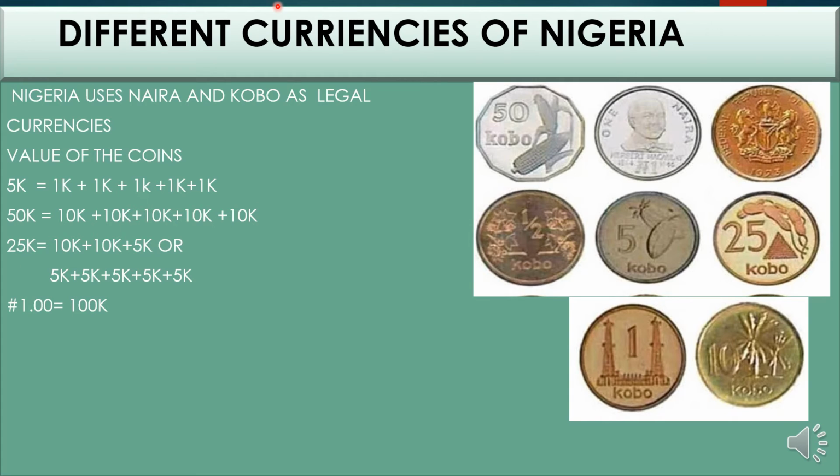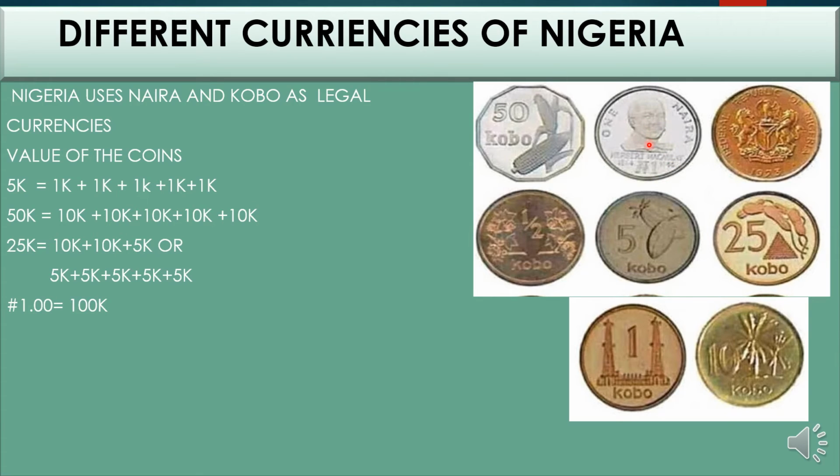The next we have 1 naira. Here, boys and girls, look closely. How many coins do we have here? The biggest amount in all of this is the 1 naira coin.